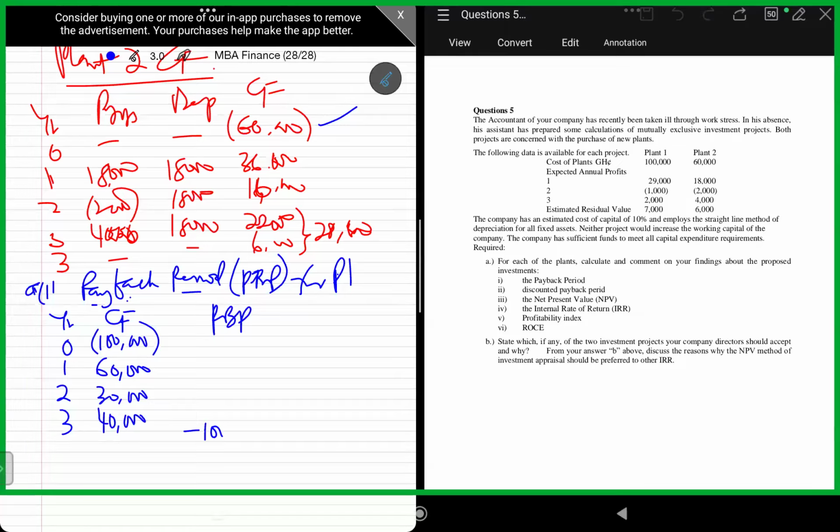Negative 100,000, because the 100,000 is in a bracket, so it's negative. Negative 100,000 plus the 60,000, because the 60,000 is positive. The 60,000 is an inflow. That's why money is flowing in. It's positive. 100,000 is an outflow, flowing out, therefore it's negative. Are you good? Yeah. What do you have?